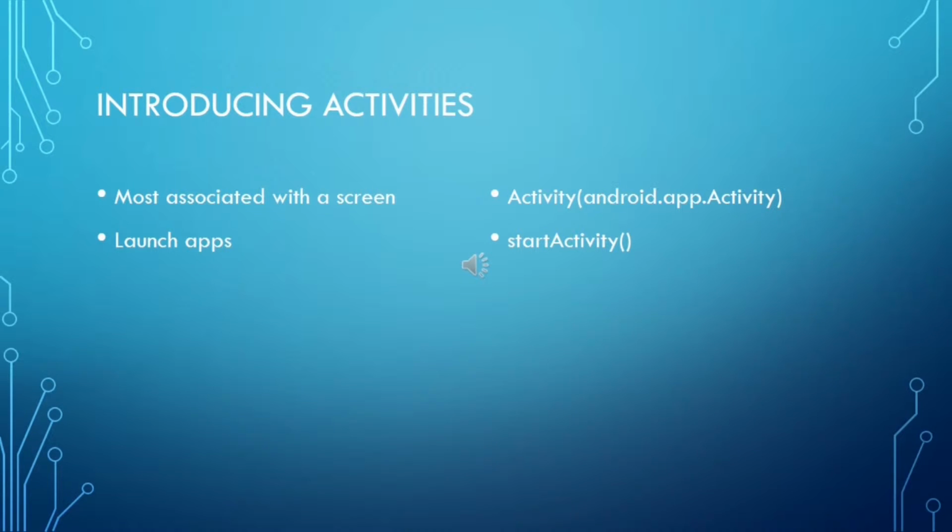Activities are most associated with a screen. Anytime you see a screen, it's launched usually by an activity. Anytime an app is launched, that's a launch activity. And activities can actually start other activities using the startActivity method, which you can see there.